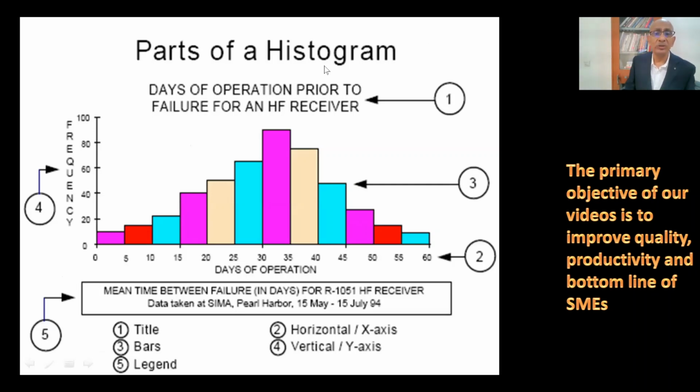Okay, ये आपको दिखा रहा है अभी parts of a typical histogram. Okay, so number 1, days of operation prior to failure for a HF high frequency receiver.